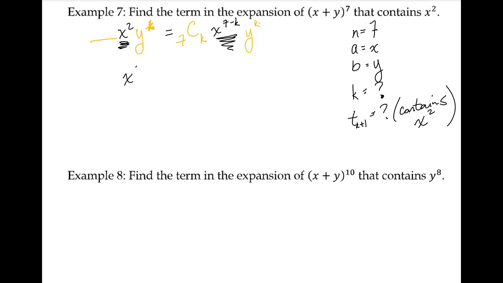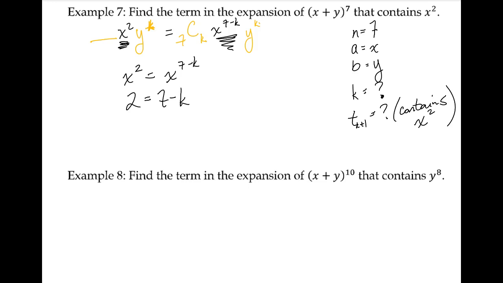So I can look at this and say, okay, well, if it needs to be x squared, then it needs to be created from this piece of the formula because it's the only place x can come from. So 7 minus k has to equal 2. So I can drop my base, ignore the x because it doesn't matter what the value is of it, and just look at the exponents. 7 minus k has to equal 2 in order for these two statements to be true.